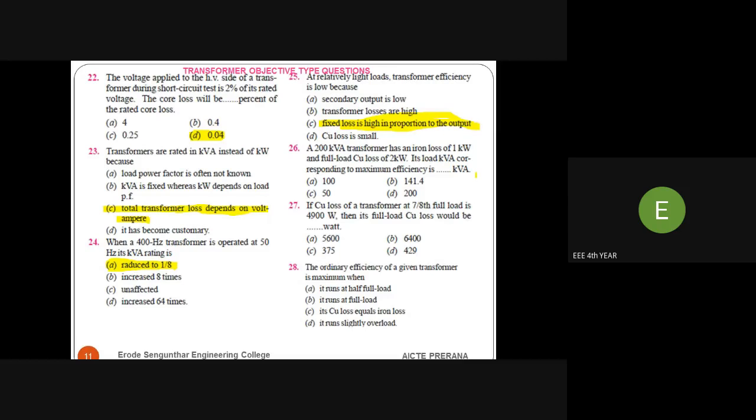By using this formula, we can determine the answer. 141.3. Okay, 141.4 kVA is the maximum efficiency load. Under maximum efficiency, we have to determine the x value, square root of Pi by PCU. That is the formula.